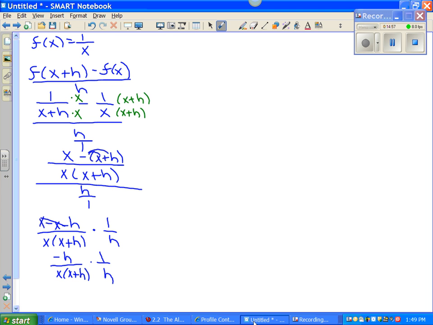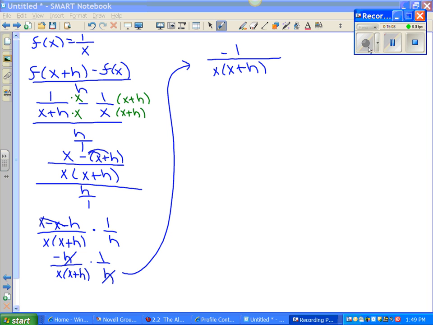My h's cancel. So what I'm left with is negative 1 over x times x plus h. And since nothing else simplifies here, that's my answer.